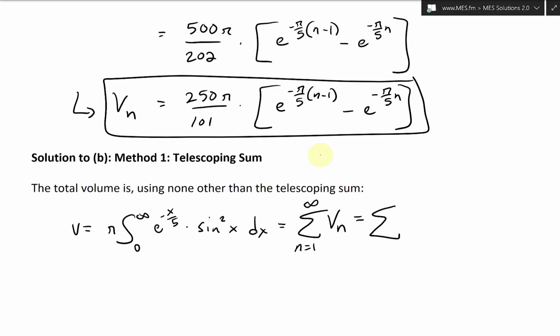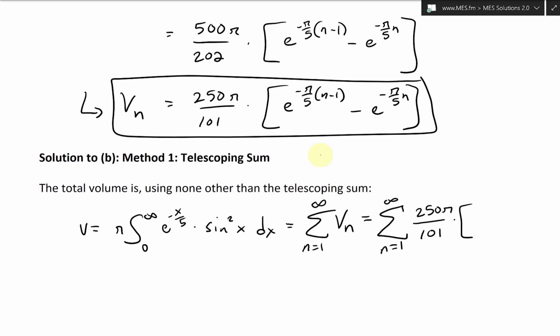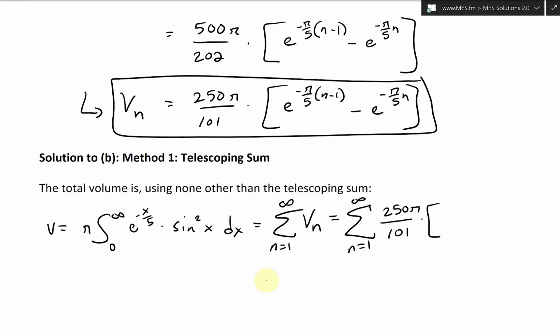Then this will be the summation up to infinity, n equals 1, of 250 pi over 101 times e to the negative pi over 5 times n minus 1, minus e to the negative pi over 5 times n.